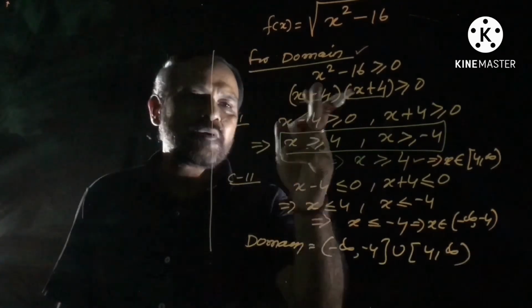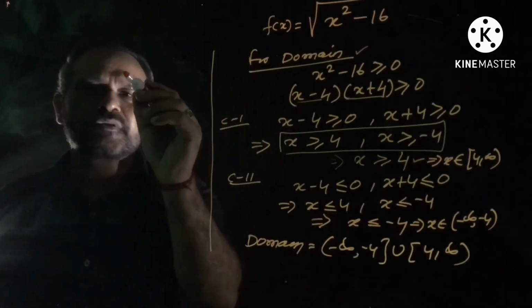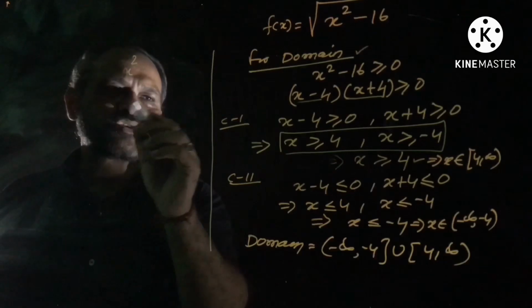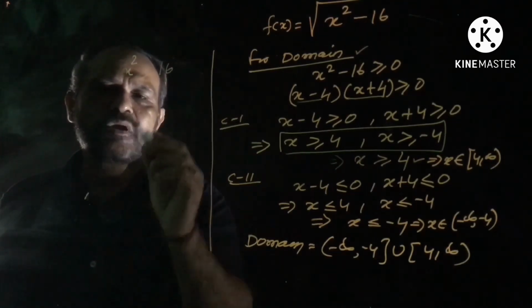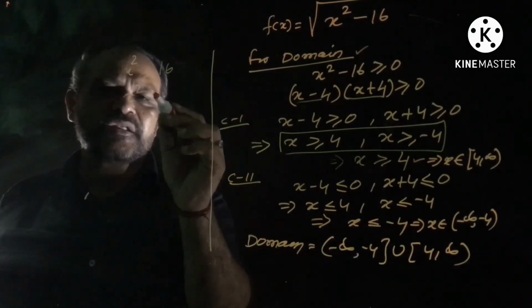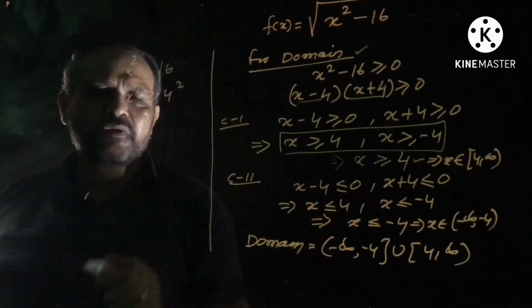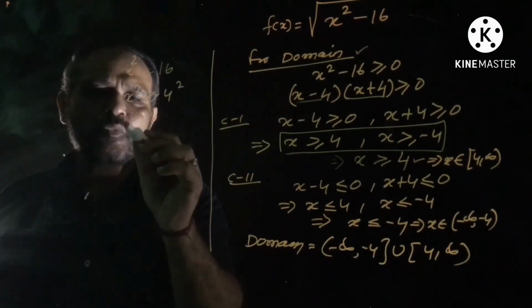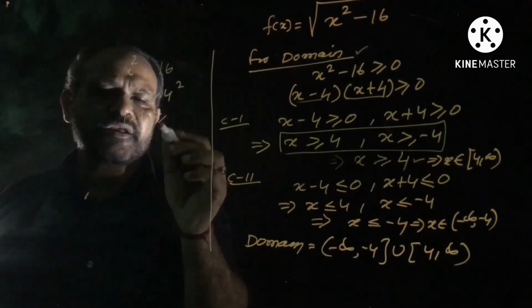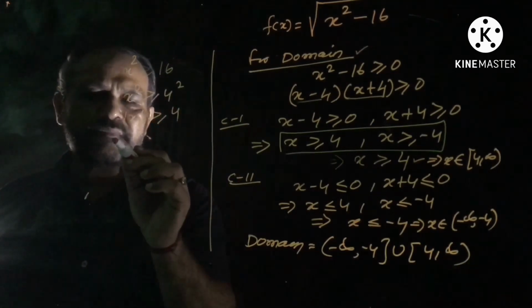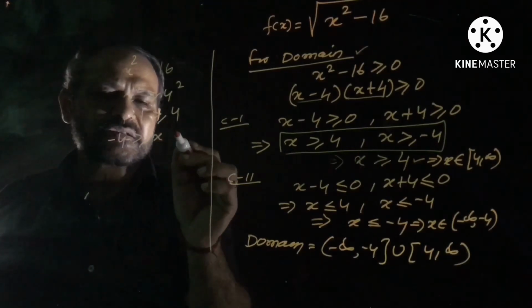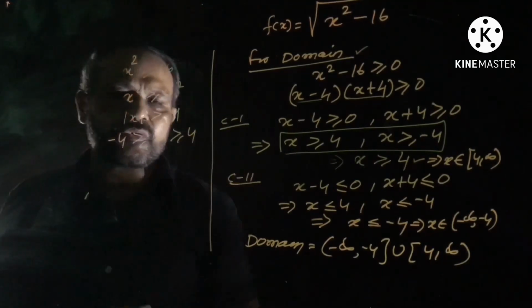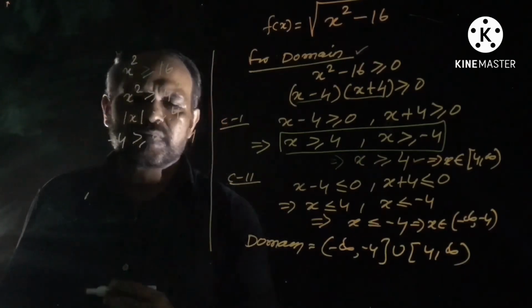If we solve this problem in an alternative way, we can write x square greater than or equal to 16, or x square greater than or equal to 4 square, or we can write mod x greater than or equal to 4. This implies x is less than or equal to minus 4 or x is greater than or equal to 4. What is x?